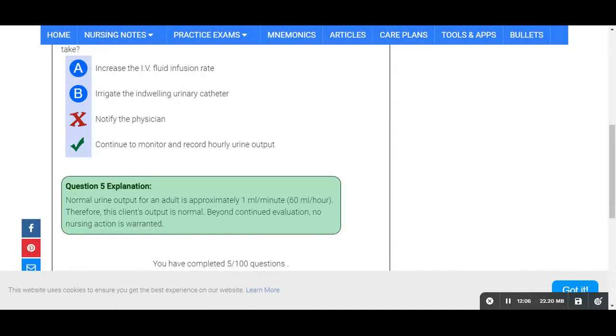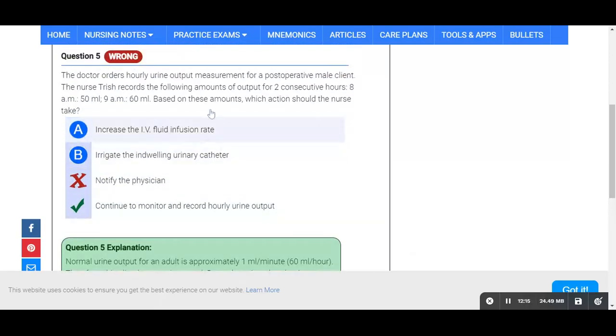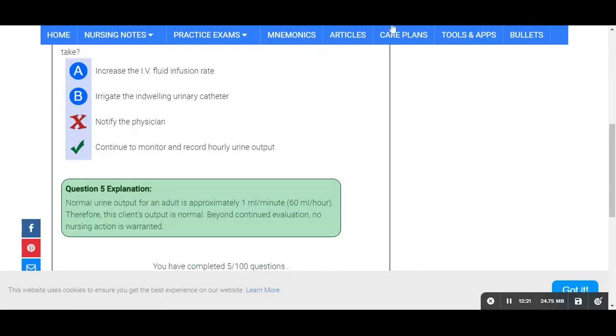Okay, so we consider the average weight of the patient. So a post-operative male patient has to be like 60 or beyond kilograms.